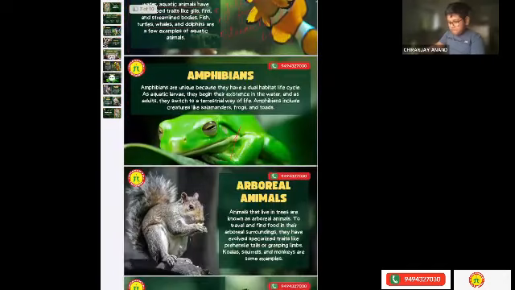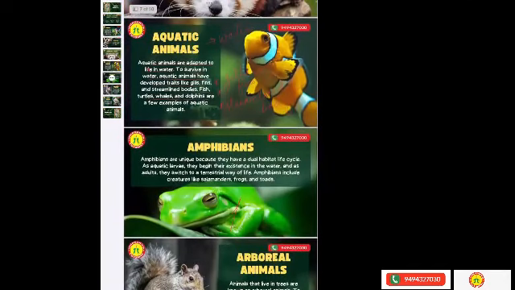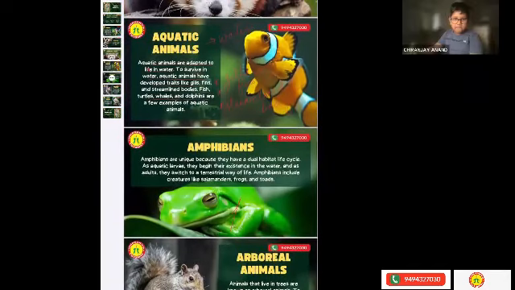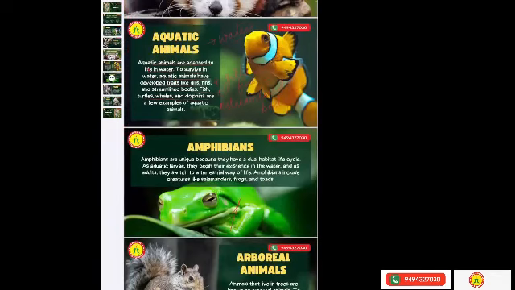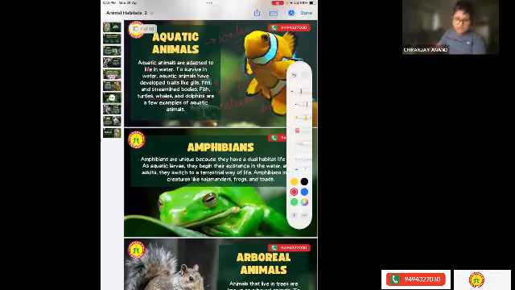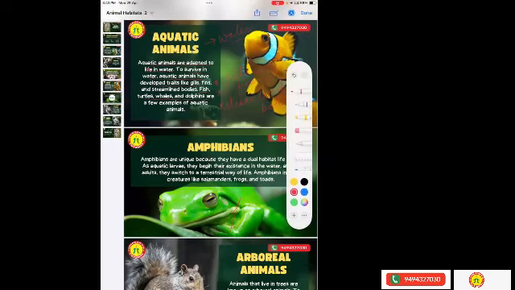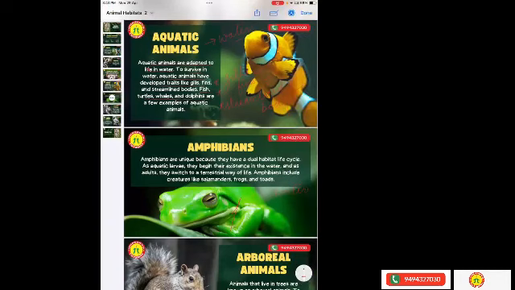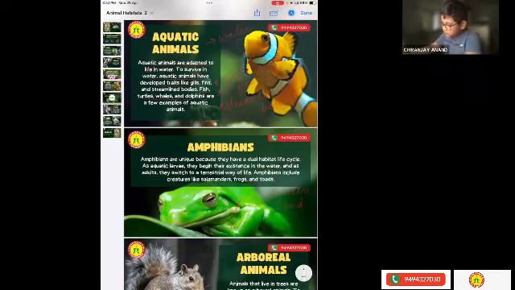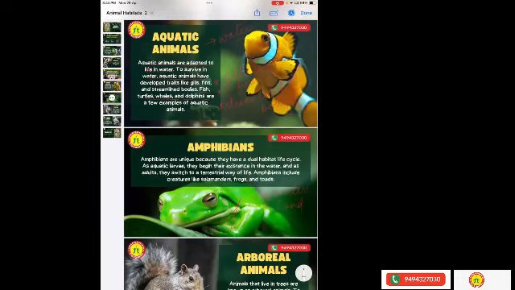Now we'll go for the third one, which are the amphibians. So amphibians are those animals who live in two places. They live in water as well as on the land. For example, frog.